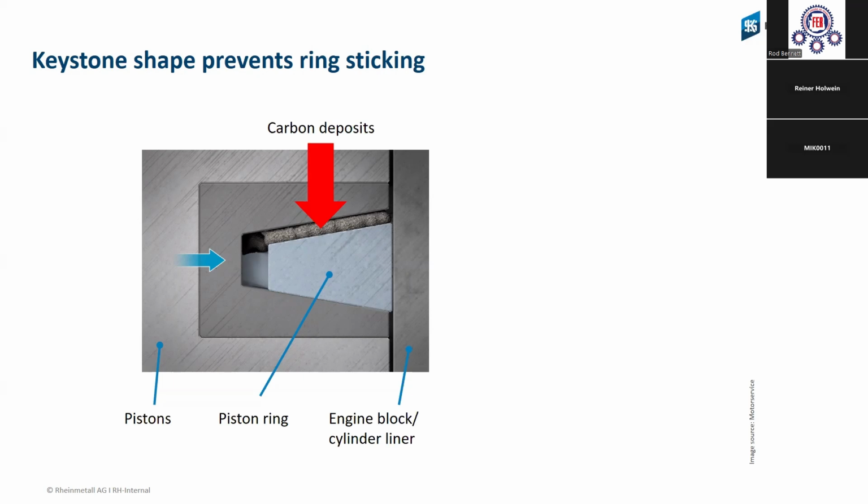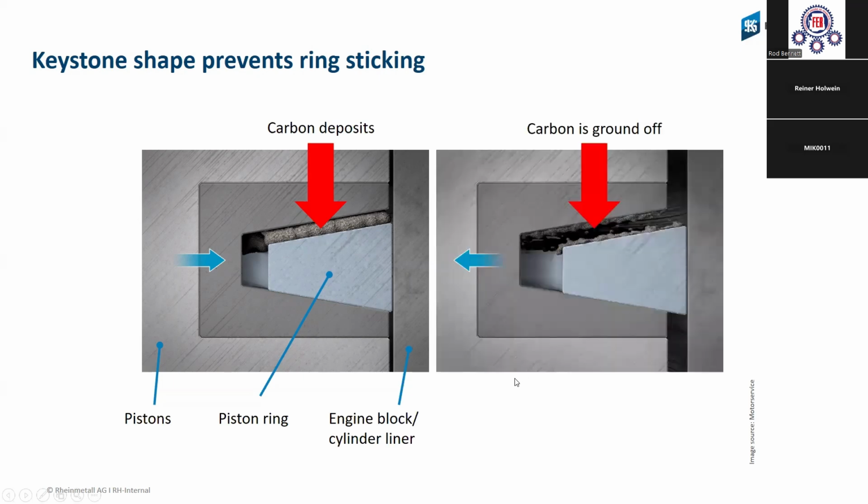The keystone ring has one positive point. When the piston moves to the left and the right side, as we saw in the movie, one time the piston ring is inside the ring groove, and the next time, when the piston goes to the left, the piston ring jumps out and the clearance becomes bigger. Then it can break down the carbon, and the carbon goes up to the combustion area and blows out the exhaust pipe.